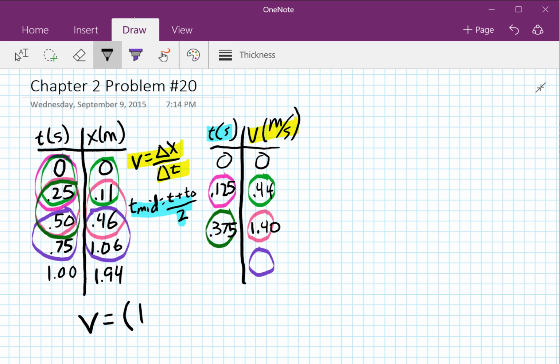You have 1.06 minus 0.46 divided by 0.75 minus 0.50. Okay, and that will give you a value of 2.40.